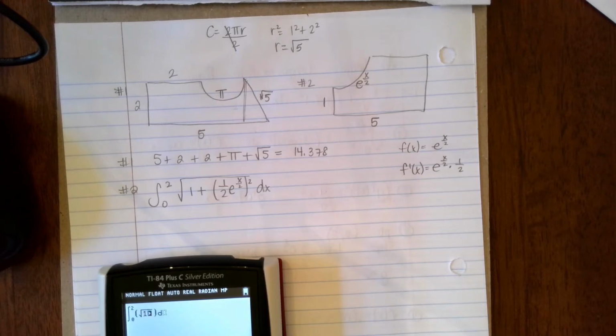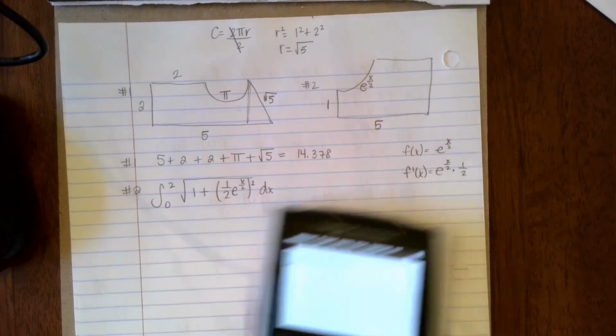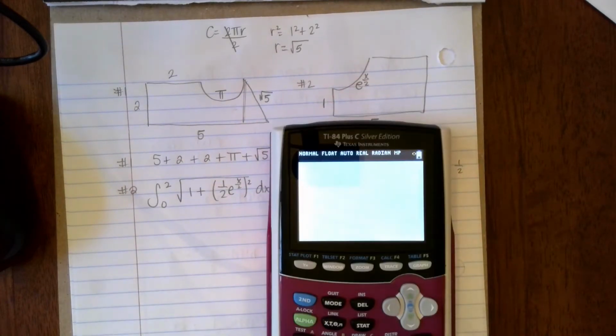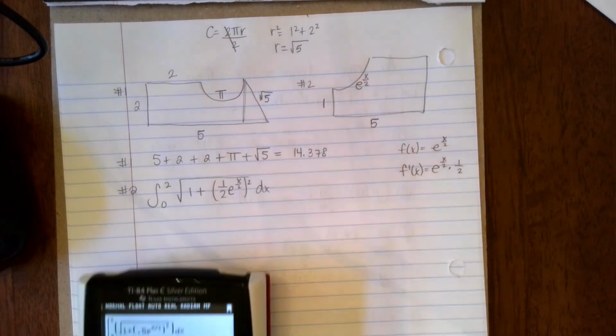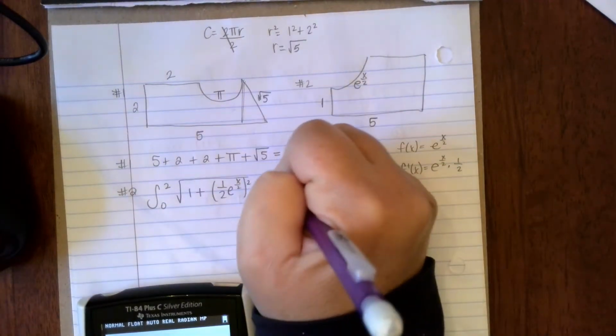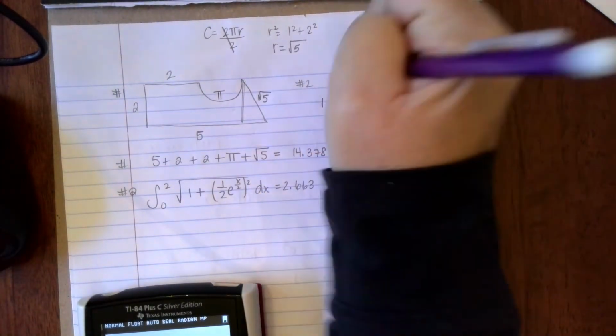The square root of 1 plus the quantity of 1/2, you can do 1/2 or you can do 0.5, e to the x over 2, quantity squared, dx. All right, we get 2.663.